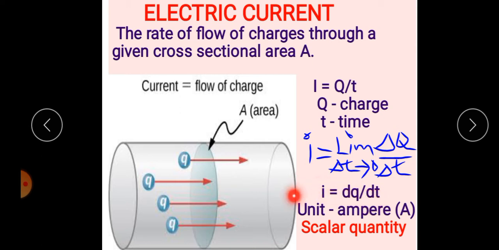What is small i? Instantaneous current. The magnitude of varying current at any instant of time is called instantaneous current. Don't forget, this is very important. Small i is equal to dq by dt.